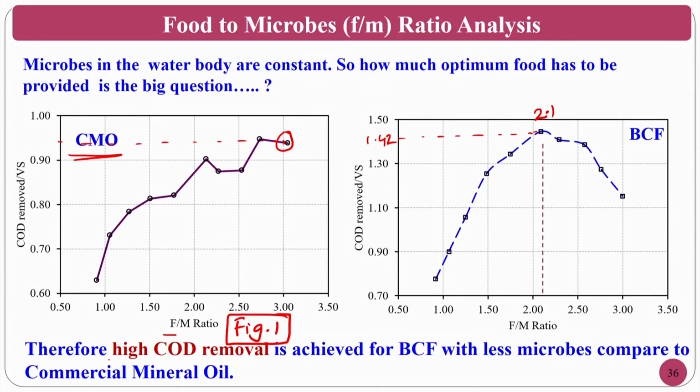Therefore, high COD removal is achieved for BCF with fewer microbes compared to the mineral oil. Okay, that means it is good, you can dump it readily and easily without any problem, because you are within the laws of government.